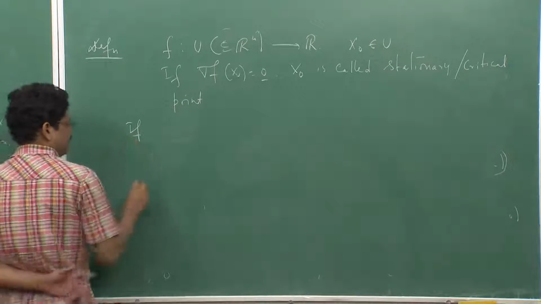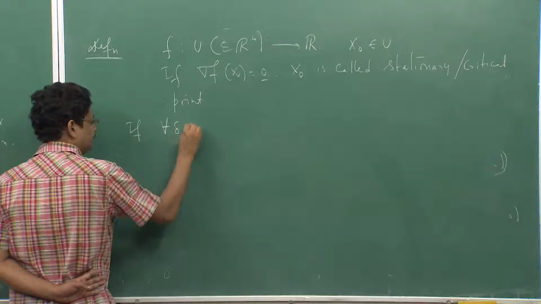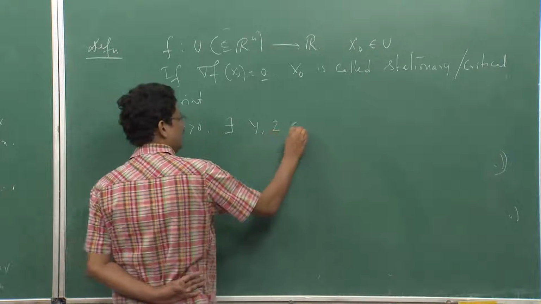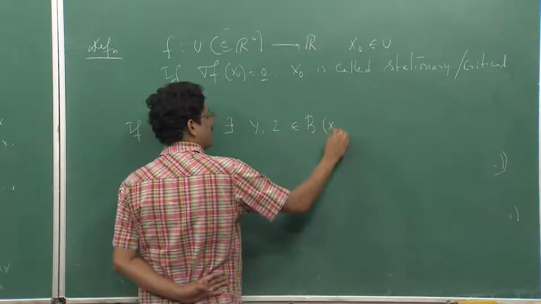If for every delta greater than 0, there exist y and z in B(x naught, delta).